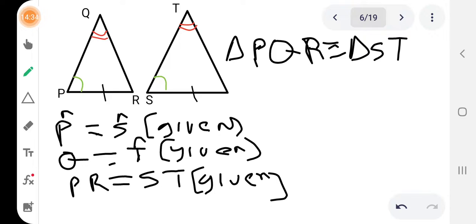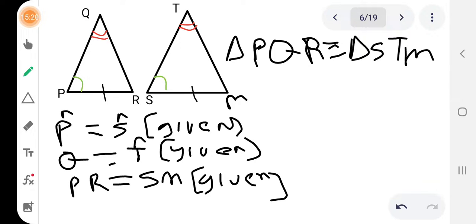Let's take that this is S. Let's take this is M. So I say that PR is equal to SM. Therefore triangle PQR is congruent to triangle STM.